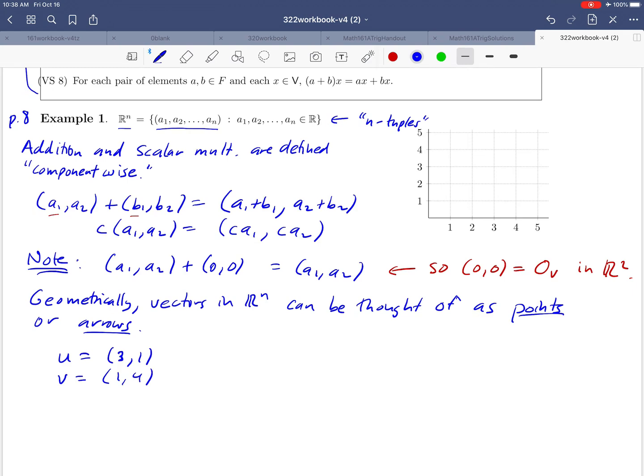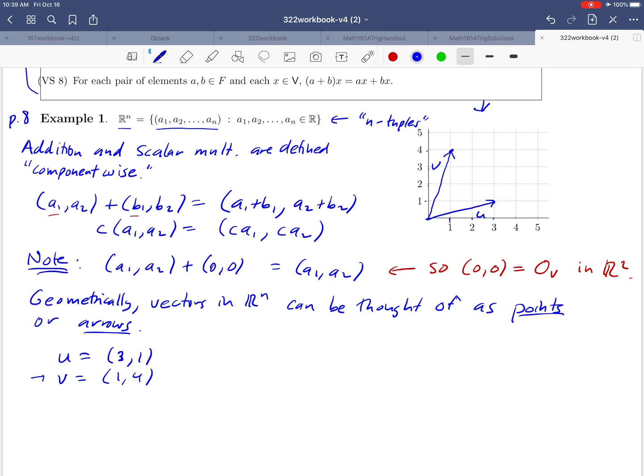Okay, let's draw those two vectors on this grid that we have up here. So 3, 1, if we choose to start at the origin, we could go over 3 and up 1, and the vector u then would look like that. Okay, and then the vector v, that's 1, 4, so we'd go over 1 and up 4. Okay, and so v would look like this.